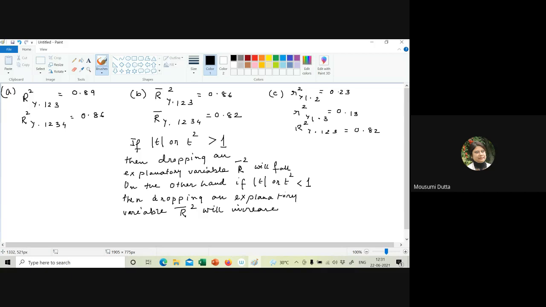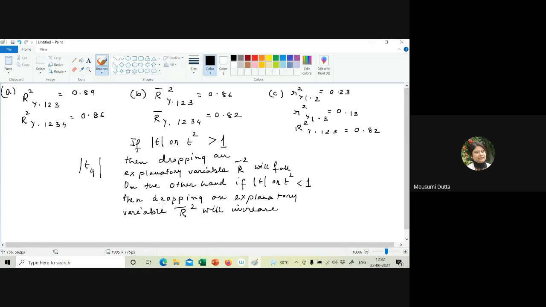So it will depend on mod t. Here we do not have any information on it, so we will not be able to tell whether there is any mistake or not. Maybe there is a mistake, maybe not. If mod T4 is greater than 1, in that case, it is a mistake.